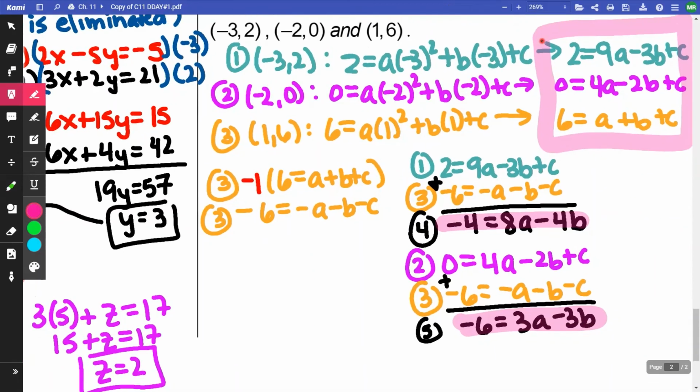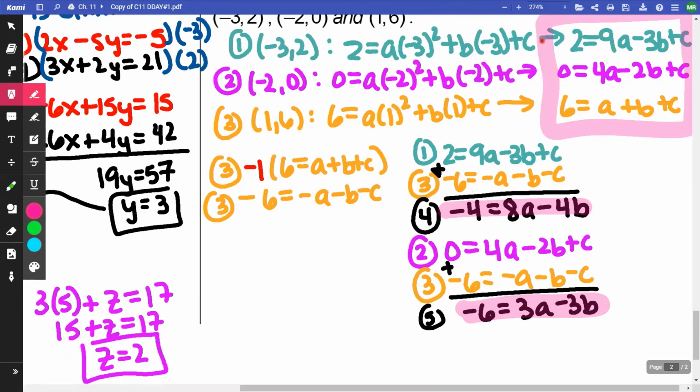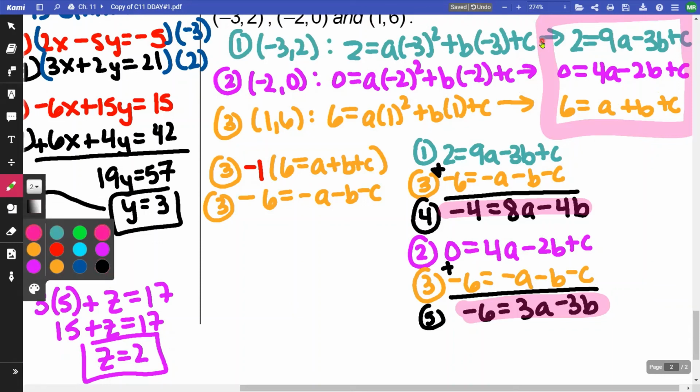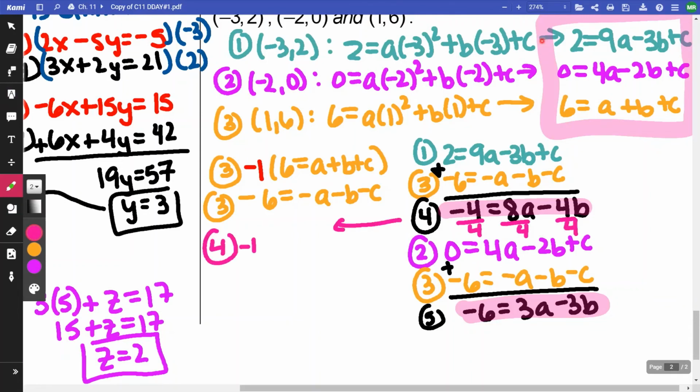In both of these cases, I'm going to divide to simplify. So for this one, I think I'm going to divide this by 4. So when I do that, I am going to get -1 is equal to 2a minus b.